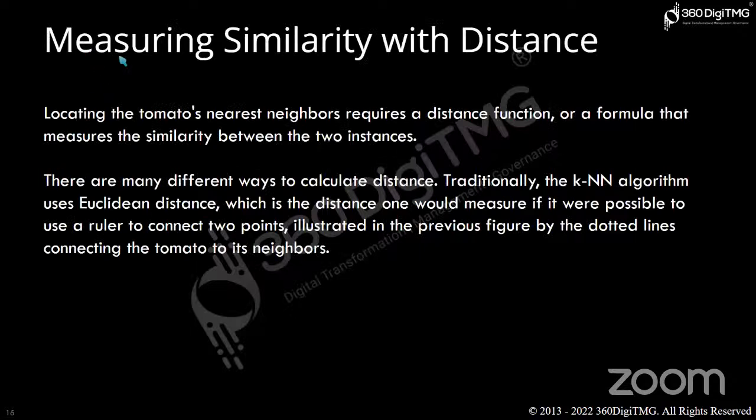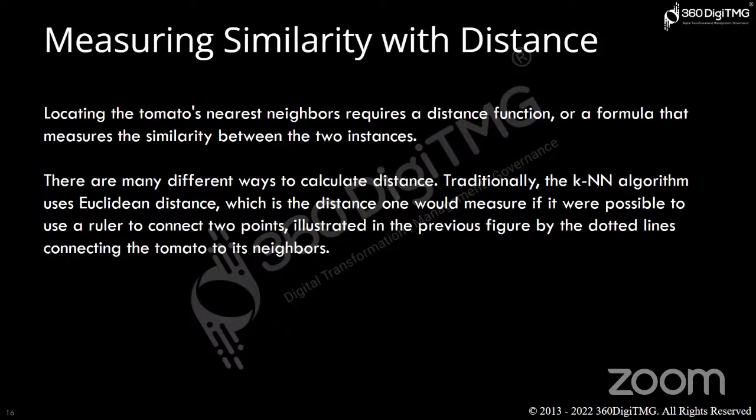So let's see how to do that. Measuring similarity with distances. Here we are trying to locate the tomato's nearest neighbors by a distance function, like Euclidean distance, or a formula that measures the similarity between two instances. There are many different ways to calculate similarity using distances, but traditionally we use Euclidean distance.